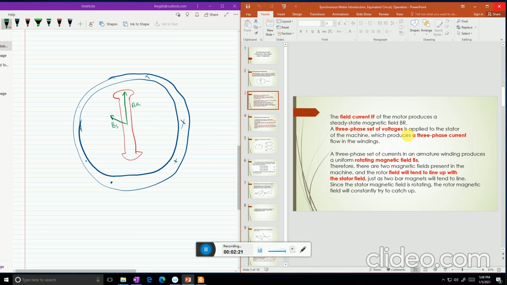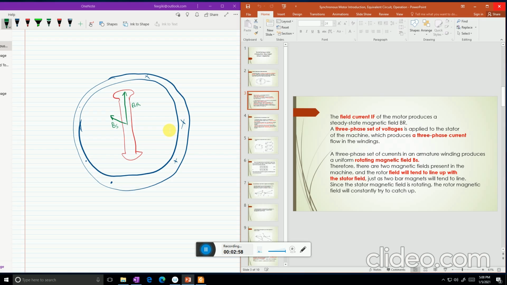Then a three-phase set of voltage is applied to the stator winding of the machine, which produces current, and that produces its own magnetic field, generated by BS. Now when we supply the three-phase voltage and current to the stator winding, the magnetic field produced in the stator is rotating, as we studied during the study of induction motor: when we supply the three-phase supply, the magnetic field is rotatory in motion.